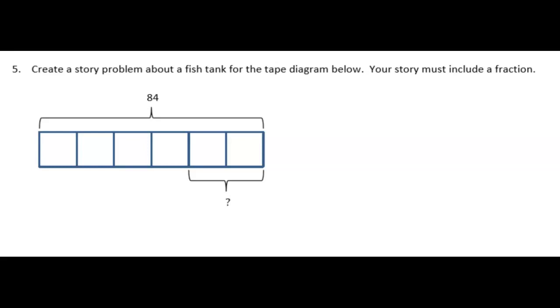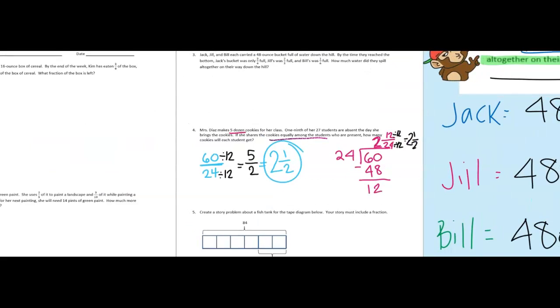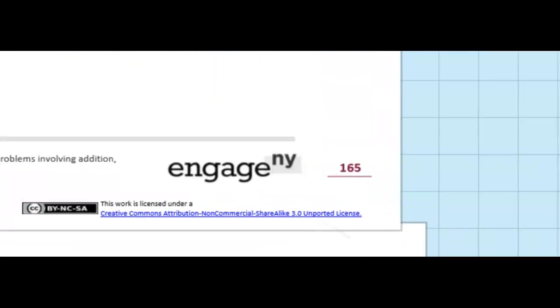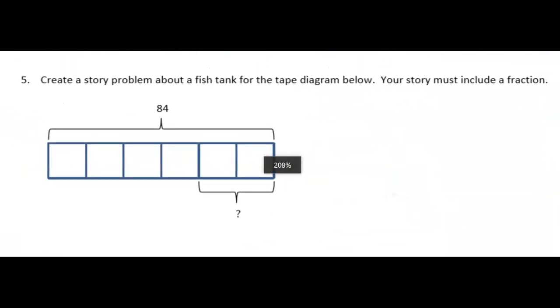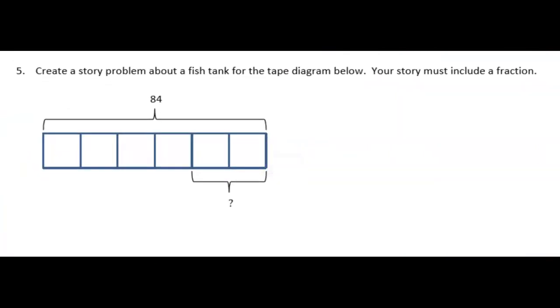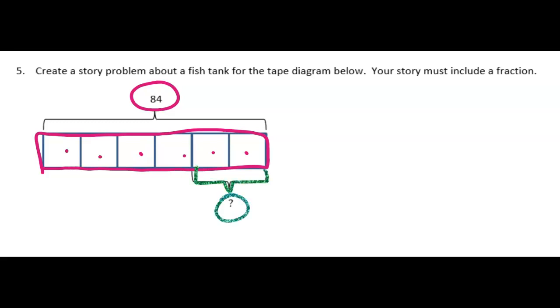So I would like you to come up with a story problem using the information from the question, where it shows you that there's a total amount of 84, and then there's something that's broken up into 1, 2, 3, 4, 5, 6 equal parts. And then the question you're going to ask us is going to be trying to find out what 2 of those 6 parts are.